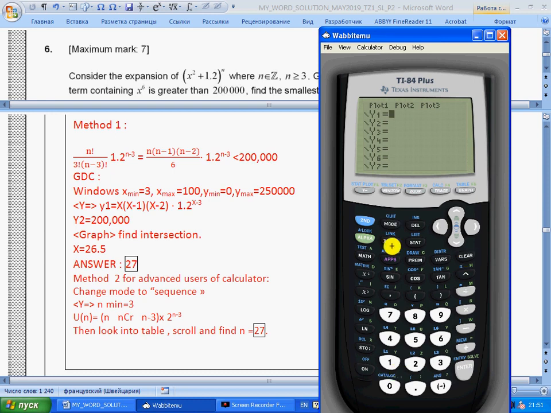X times x minus 1, x minus 2, times 1.2 raised to x minus 3, and this divided by 6.